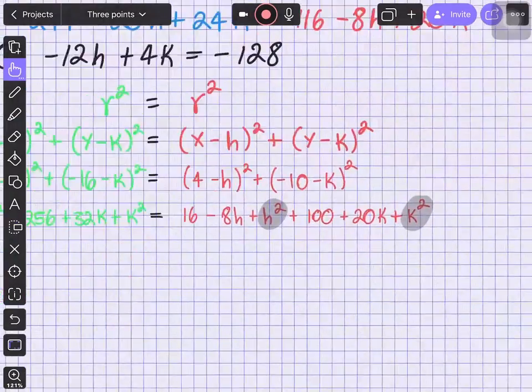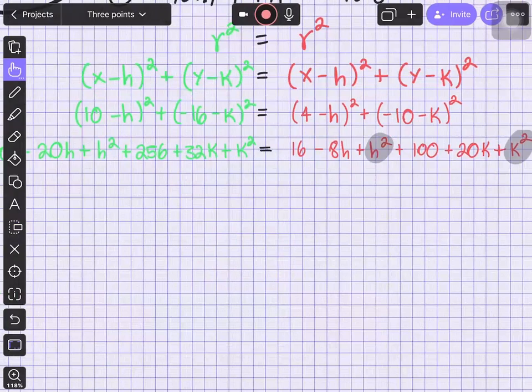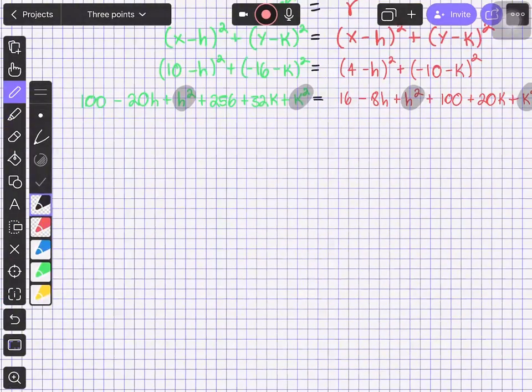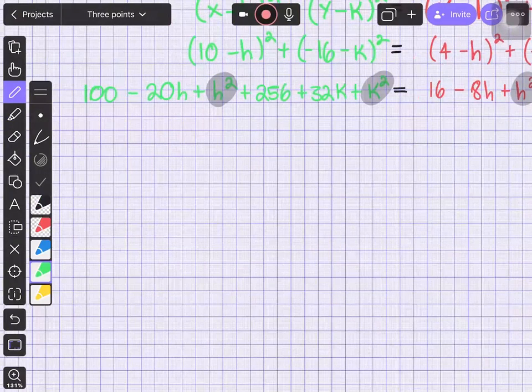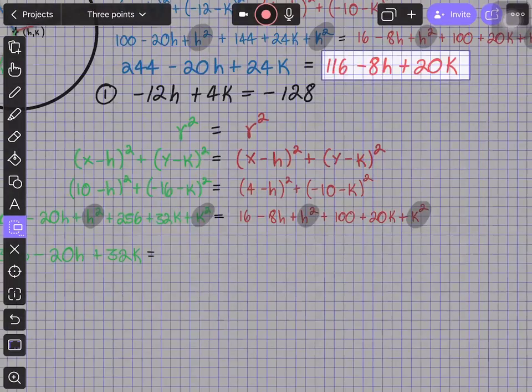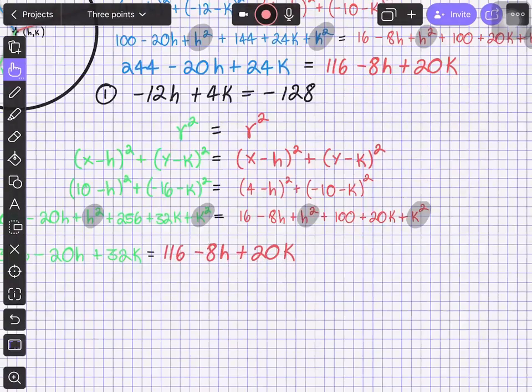If you see in this expansion, the k squared and the h squared cancel because we have them on both sides of the equation. So now we can add the numbers, 100 and 256. We have 356 minus 20h plus 32k, and this equals what we already have.